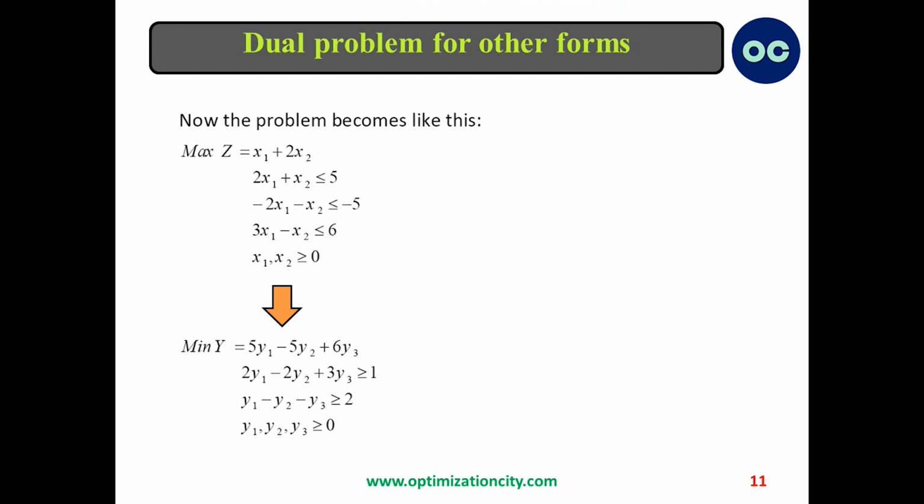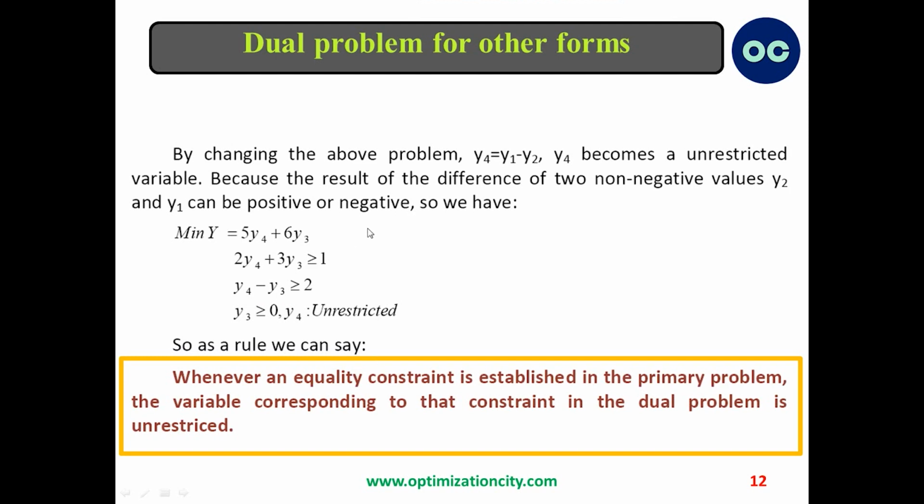Let's make a modification of this model by introducing y4 equal to y1 minus y2. y4 is a free variable. Since the difference between two non-negative variables y1 and y2 can be either positive or negative, we can express it as follows: y4 is free in sign or unrestricted.